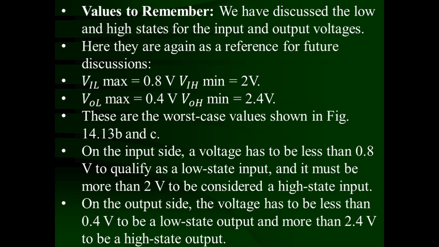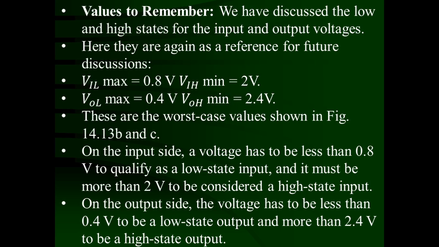That means if the output voltage is lower than 0.4 volt, it is considered a valid low state output, and if it is greater than 2.4 up to 5 volt, it is considered a valid high state output voltage. These are the worst case values shown in figure 14.13b and c. That means in the worst condition, these value ranges can be obtained.